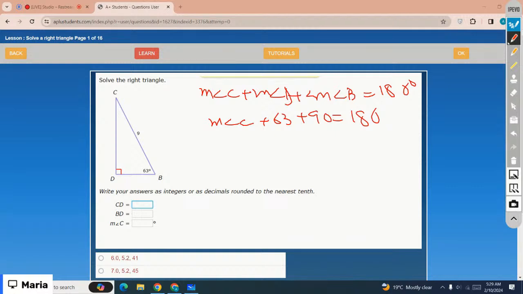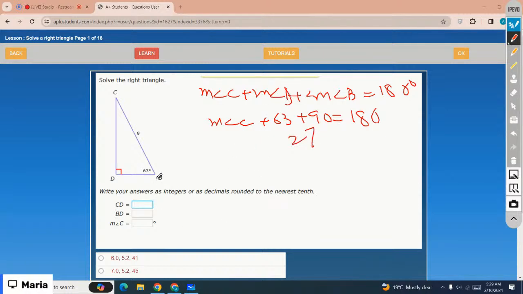So 90 plus 63 equals 153 and 180 minus 153 is 27 degrees, right? That means the missing angle is 27 degrees. The correct option is 27, right?